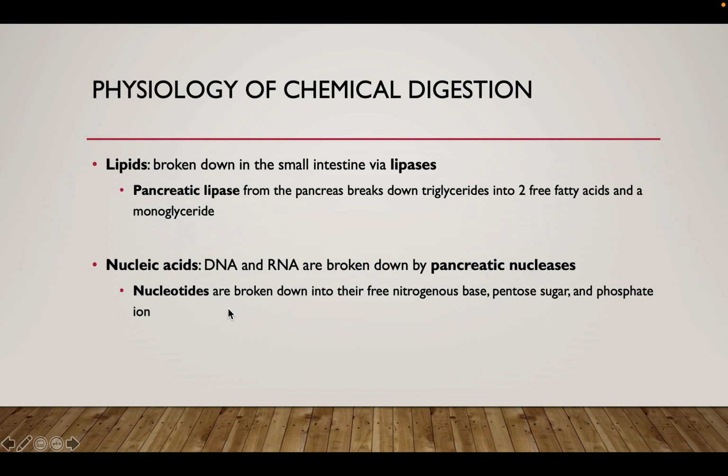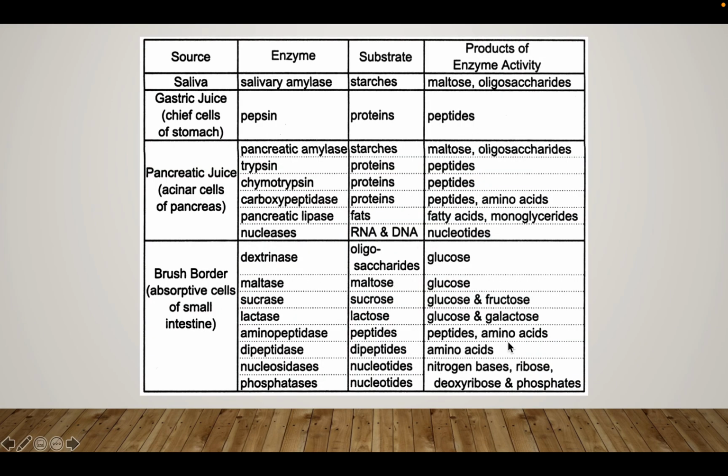These will be broken down by pancreatic nucleases into their constituent parts, which is a nucleotide. That's the building block of nucleic acids, and a nucleotide is composed of a nitrogenous base, a sugar, and then a phosphate group.